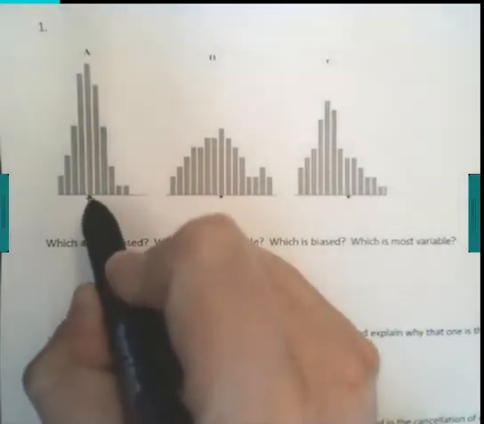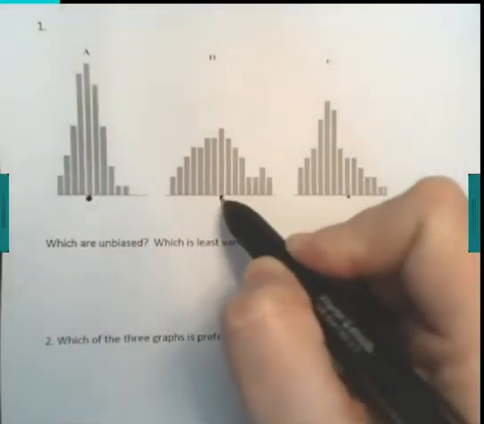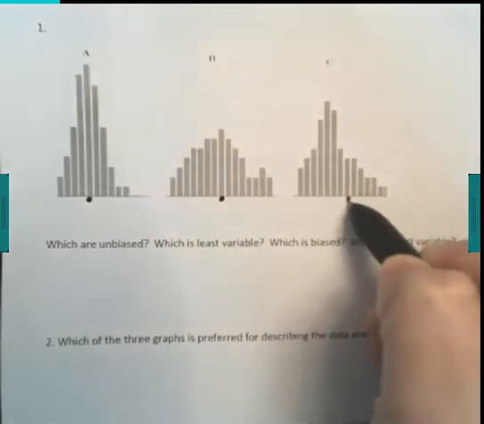The first question had to do with these three graphs. I'm not sure if it was super clear in the instructions, but this black dot right here is representing the mean of the parameter, and the mean of each of these graphs is going to be right down the center where the highest point is.